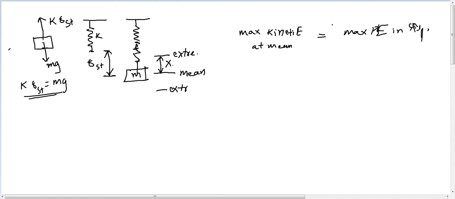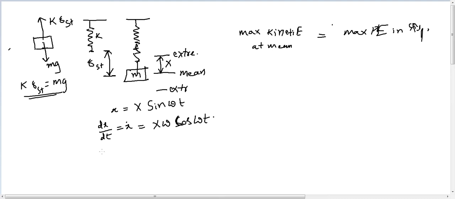Now we know that the displacement equation for this spring mass system is x is equal to capital X sine omega t. If we want to find the velocity, dx by dt is equal to x dot, which is equal to X omega cos omega t.